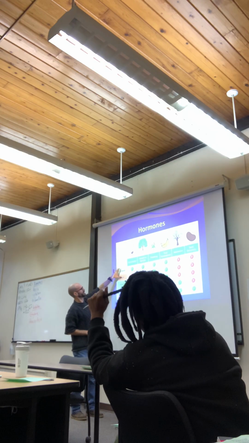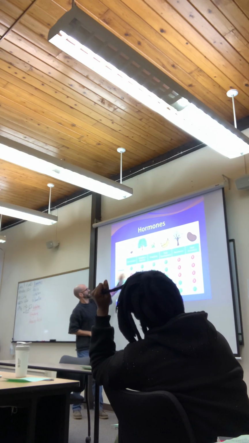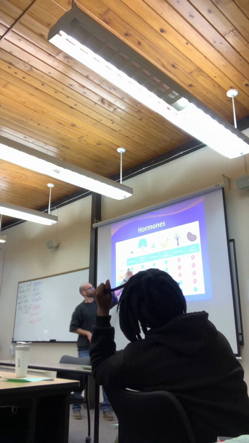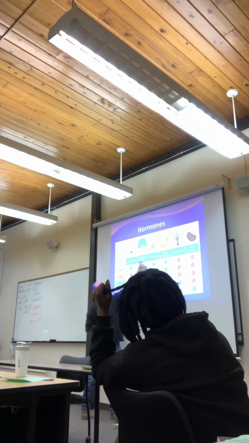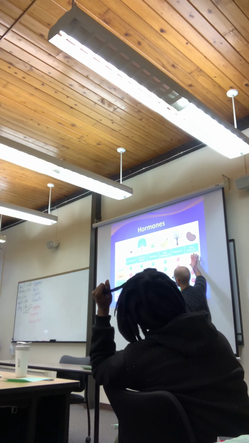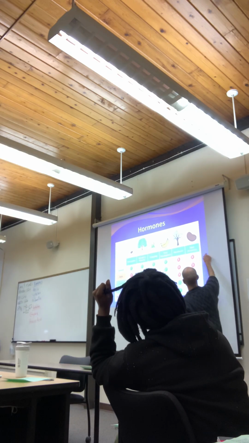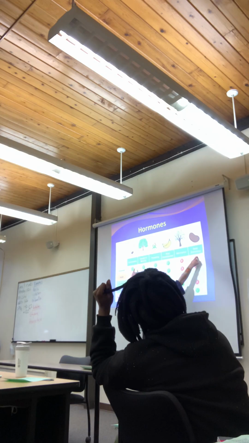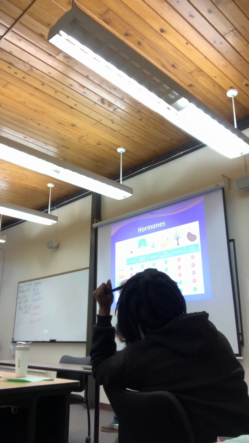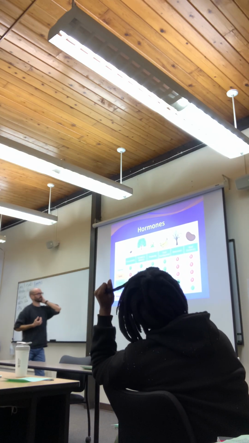So hormones here, and then a green check mark means it promotes something: gibberellin promotes germination, promotes growth, promotes flowering, and it doesn't have a role in abscission or dormancy. Obviously, it would be the opposite of germination to promote dormancy. So that's another way to look at what these things do.